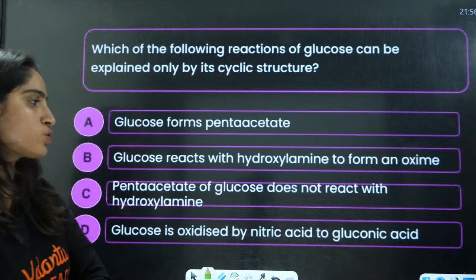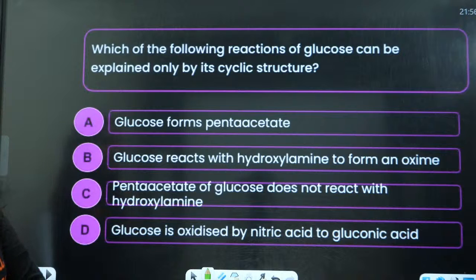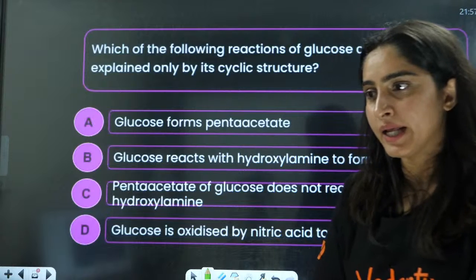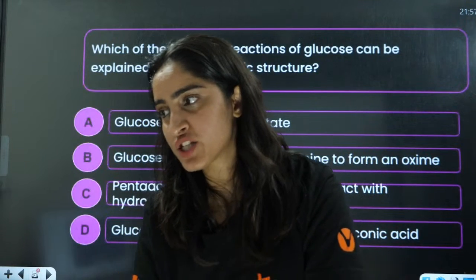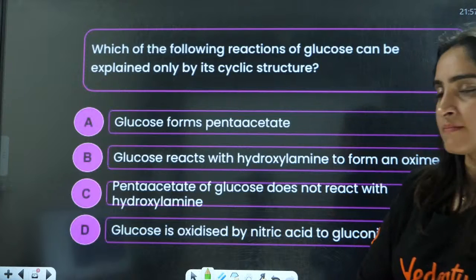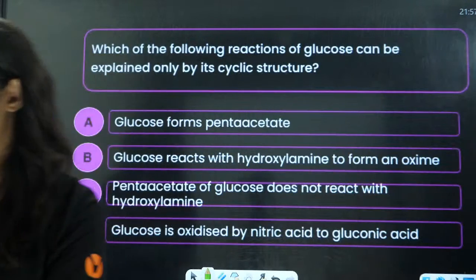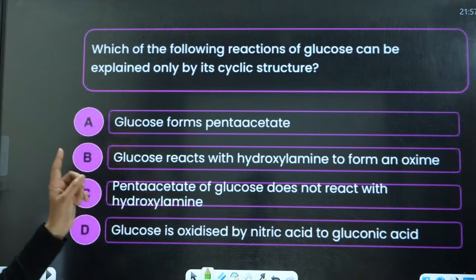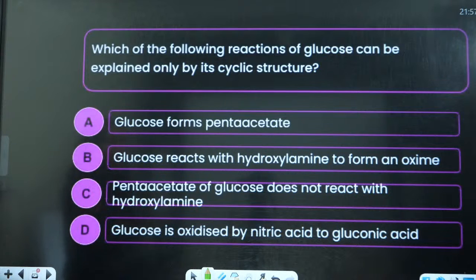Glucose is oxidized by nitric acid to gluconic acid. Which can be explained? Perfect.